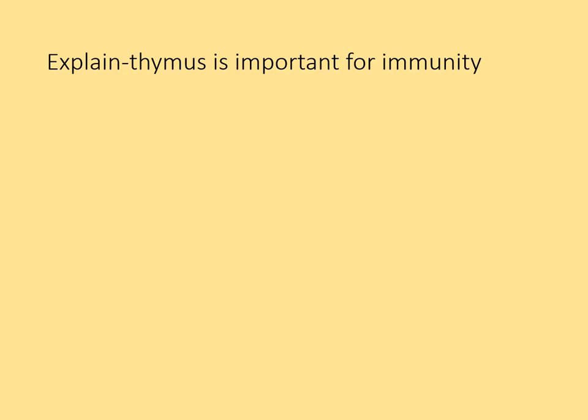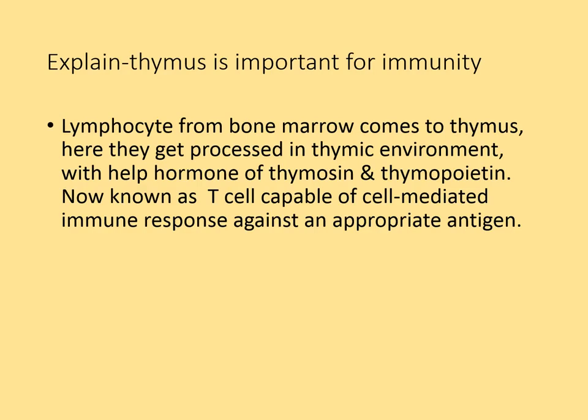Explain why thymus is important for immunity. Lymphocytes from bone marrow come to the thymus. Here they get processed in the thymic environment with the help of the hormones thymosin and thymopoietin.